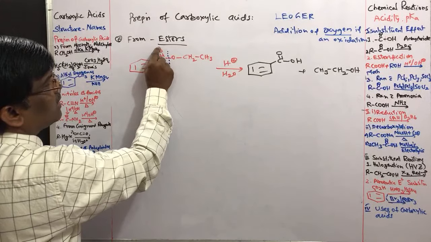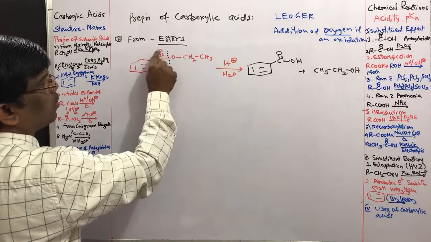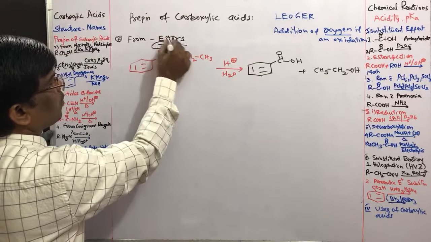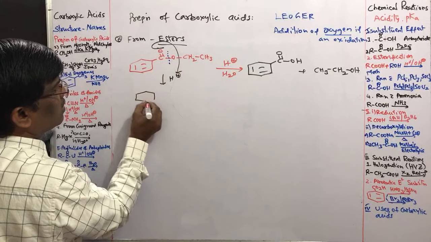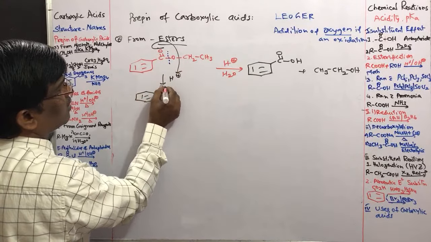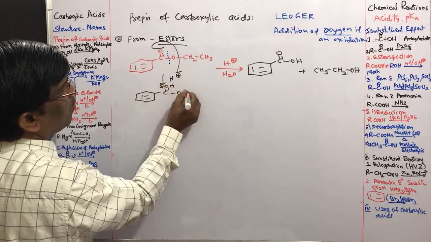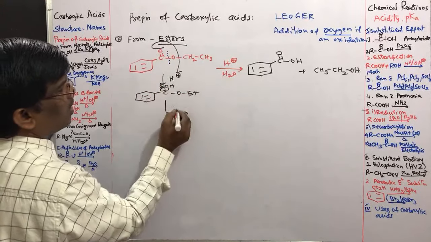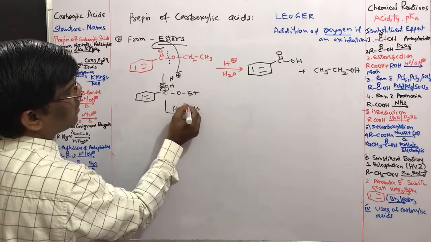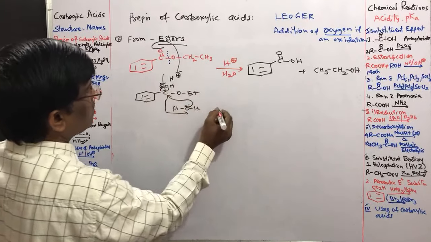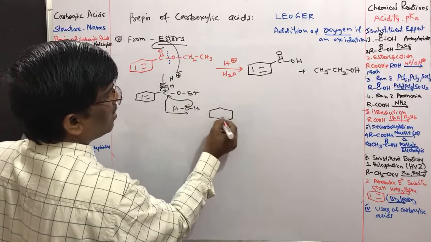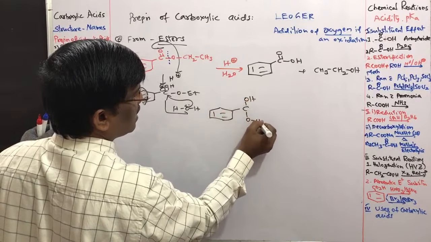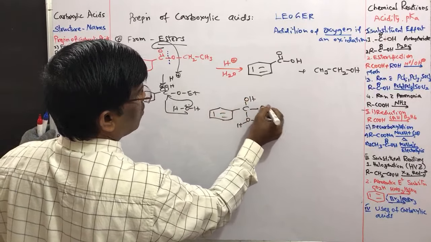So here first it takes a proton. Let me write. H plus, it takes a proton to get OH, positive, and OEt here, and when it goes up, the water molecule attacks onto this to give COOH, and OH is here, and OEt.